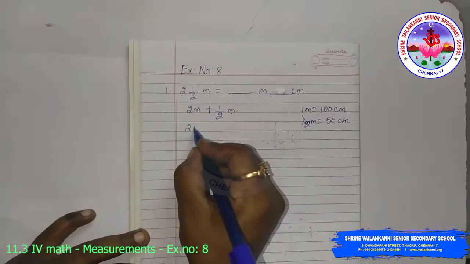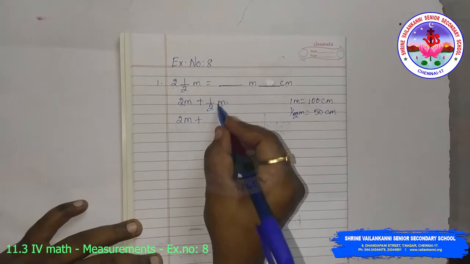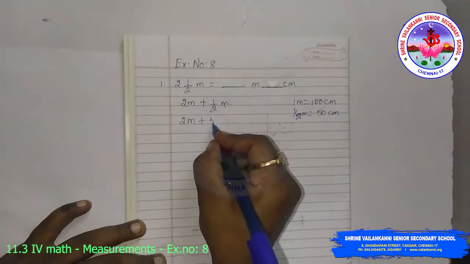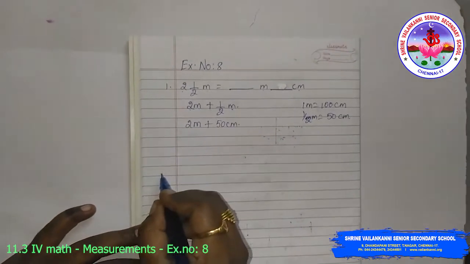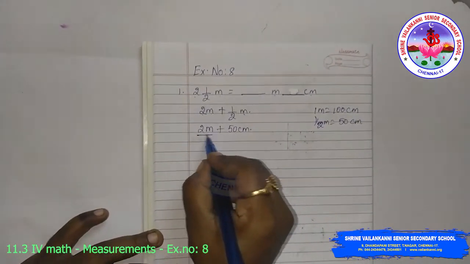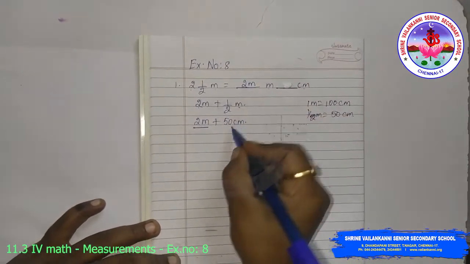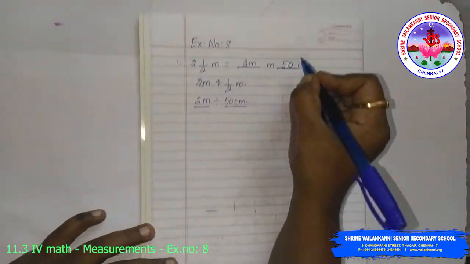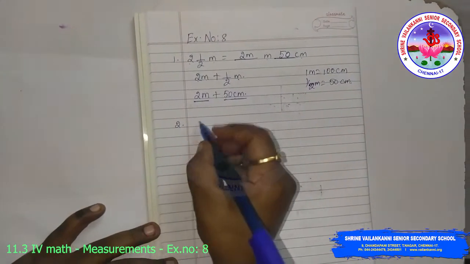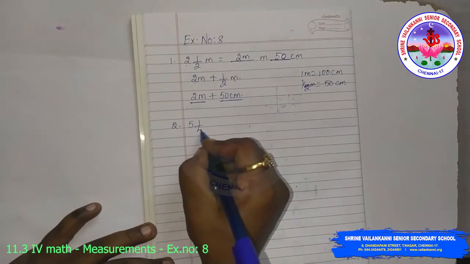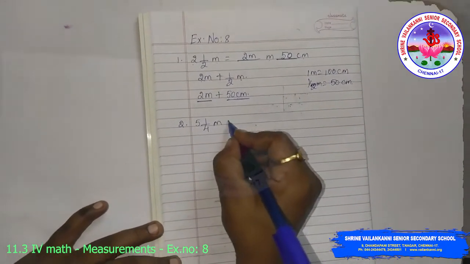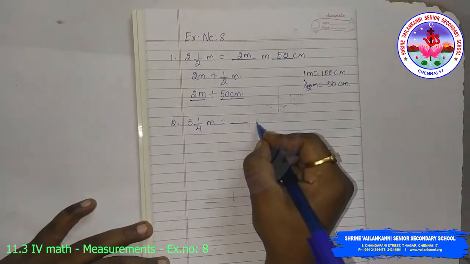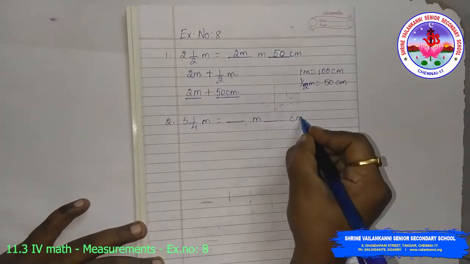So here, 2 meter plus, instead of 1/2 meter we can write 50 centimeter. So this 2 meter we are going to write here and this 50 centimeter we are going to write here.